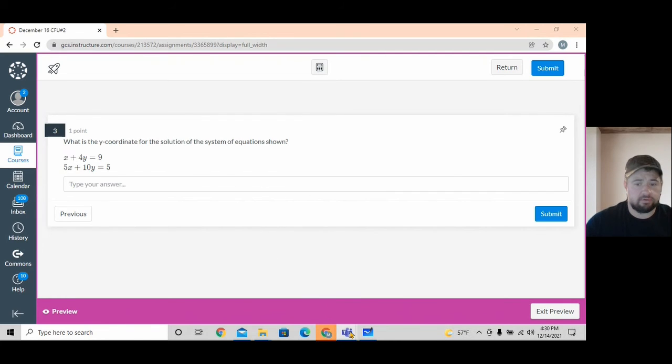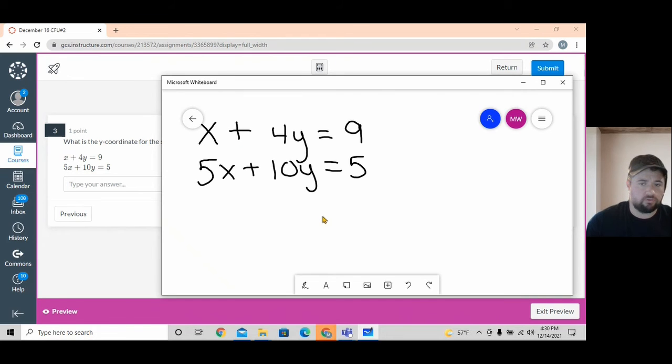We're going to look at our second problem. X plus 4y is 9 and 5x plus 10y is 5. Now, I don't have anything that will offset from each other in this one. So what I'm going to do is take my top equation and multiply it times negative 5. This whole top equation.